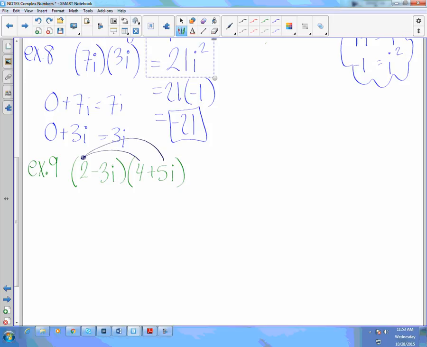What's this property we're doing? It's the distributive property. So we need to do a double distribution. Okay, Gavin, what is 2 times 4?